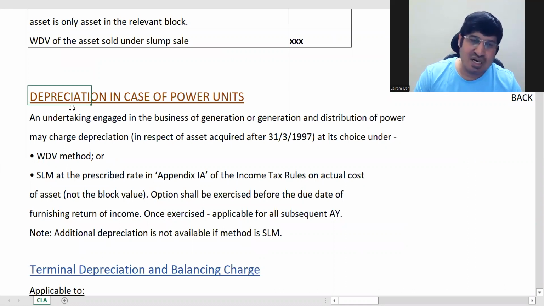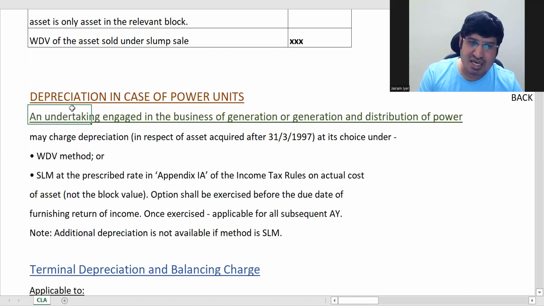Power units are electricity generating units, undertakings engaged in the business of generation and distribution of power. They can charge depreciation at their choice.